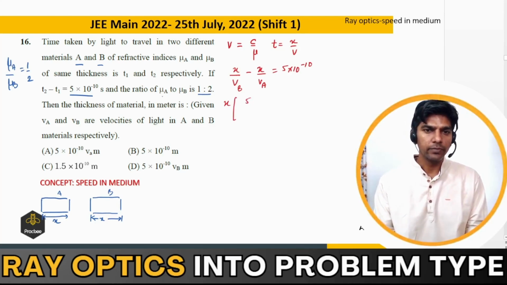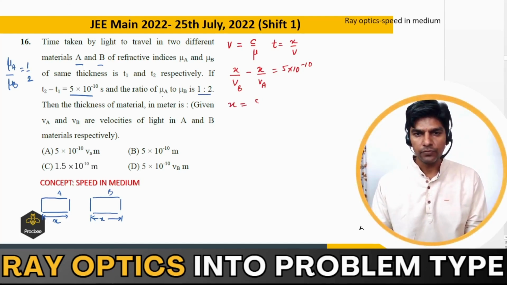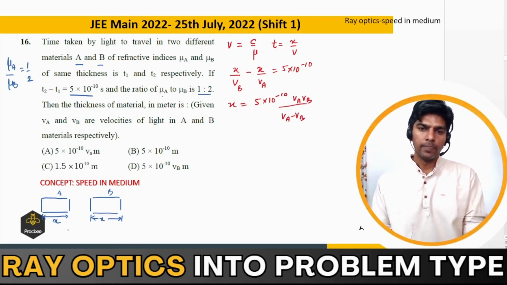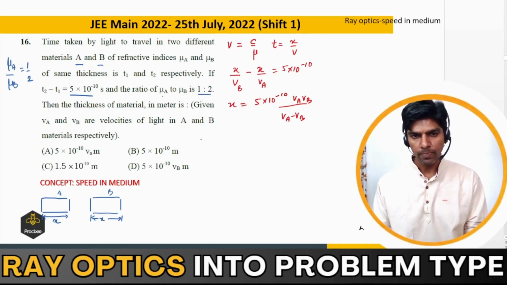So x can be written as 5 times 10 raised to power minus 10 VA VB divided by VA minus VB. If you look at the options, we know the ratio of refractive indices, right?